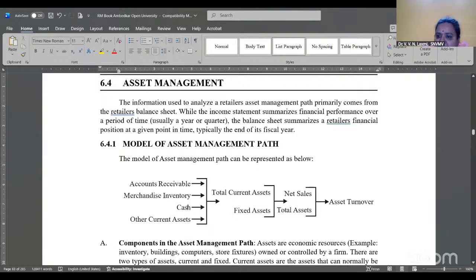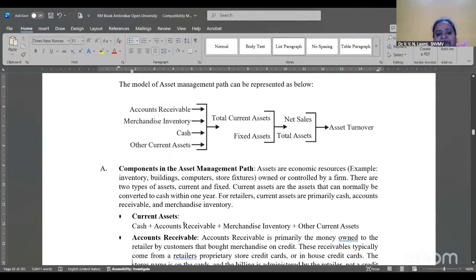Then there could be cash on hand, and there could be other current assets. So these four variables together are considered as total current assets. Then we add the fixed assets, and we compare the net sales with the total assets, and then we will be able to conclude what the asset turnover is.